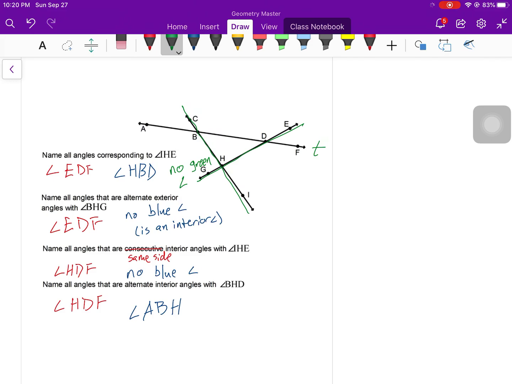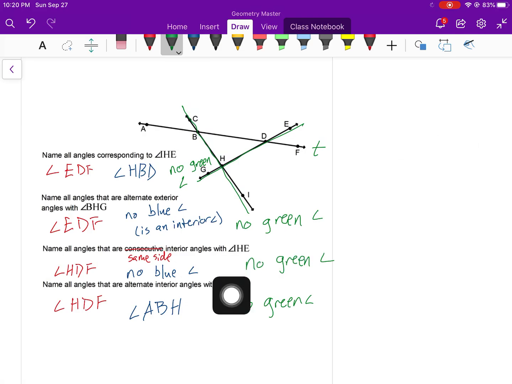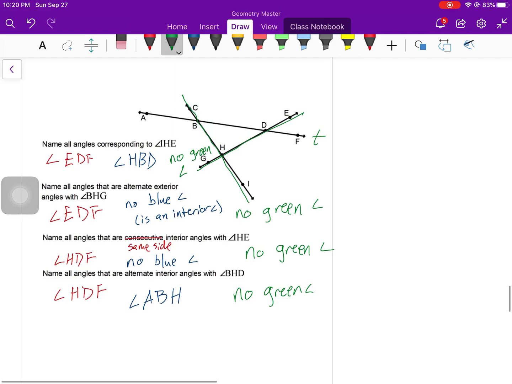The next one, BHG, same problem, so no green angle. IHE, same problem again. No green angle. And lastly, BHD is again no green angle. I have to go through and check all of those, but none of those angles that were mentioned were formed by the transversal and one of the lines. They were all formed by those two intersecting lines and had nothing to do with that transversal.